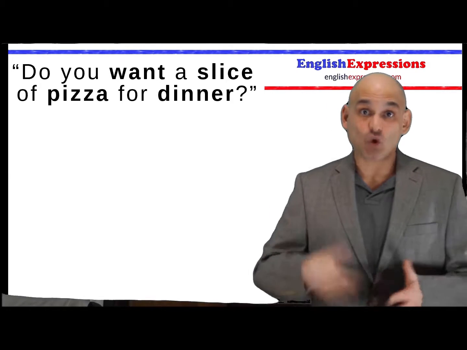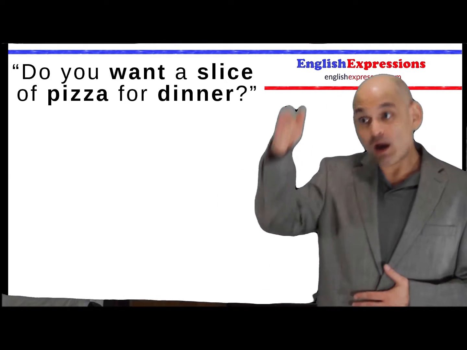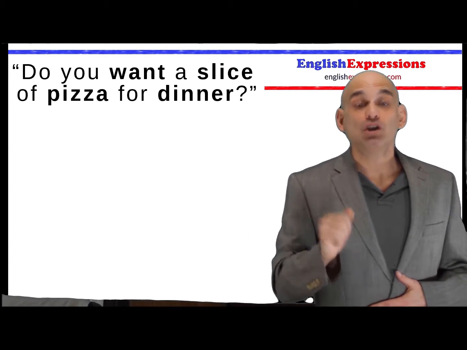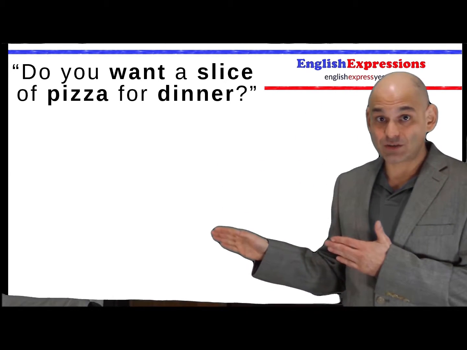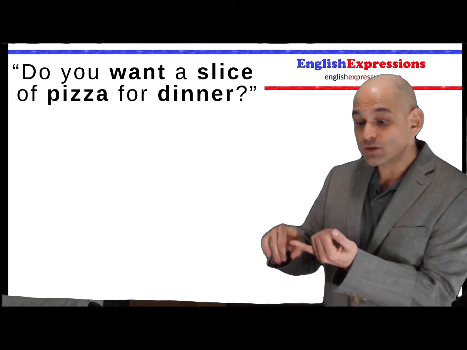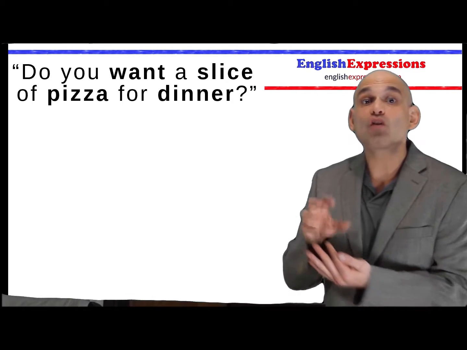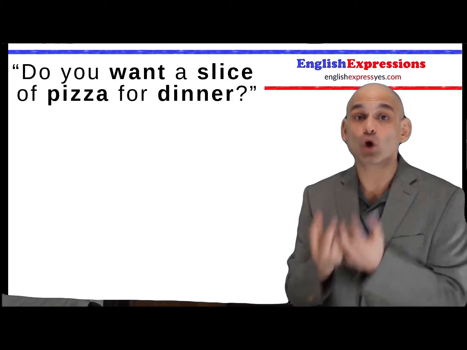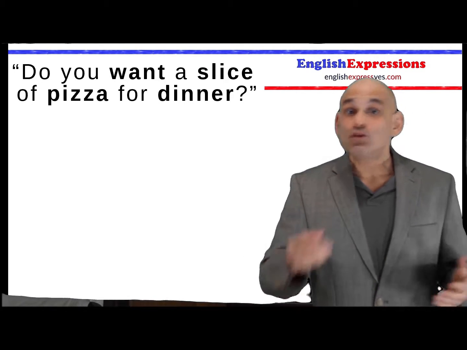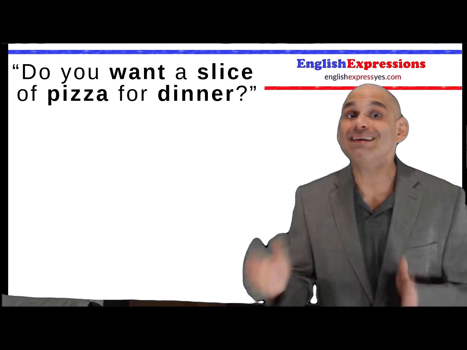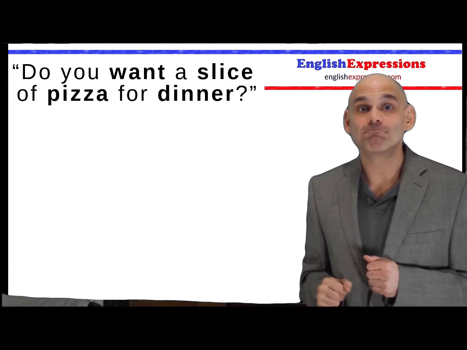Okay? And if it's a question, at the end of the question, you go, huh? You go up. Okay? And that's called the intonation. So, in this case, want, slice, pizza, dinner, those are the words with meaning. Those are the content words. So, to communicate your meaning to the person, you only need to say these words.